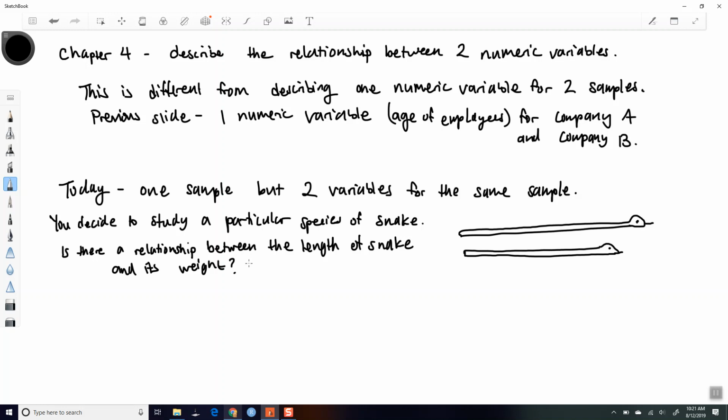And likewise, if you weighed the snakes, you would expect the heavier snake to be the longer snake. So the answer is yes: we expect longer snakes to weigh more than shorter snakes.